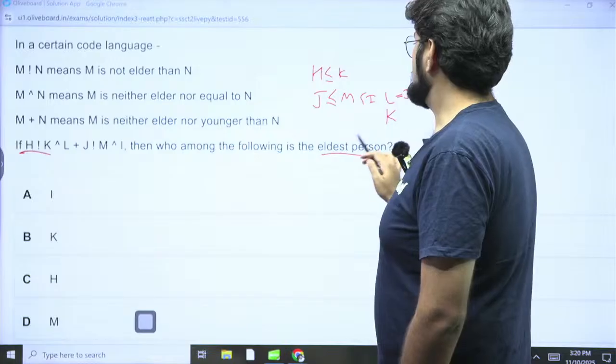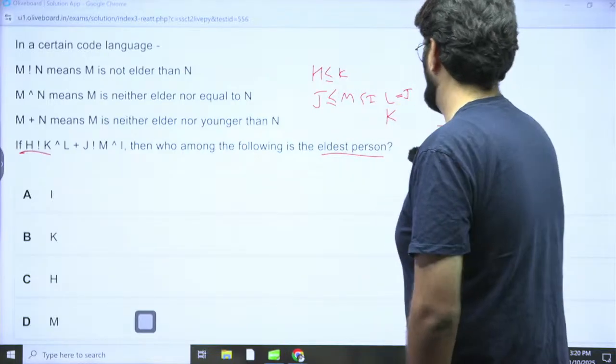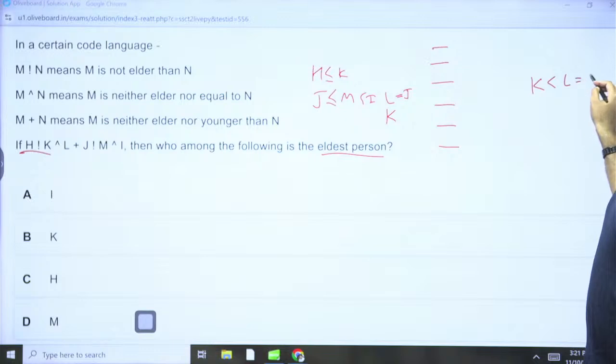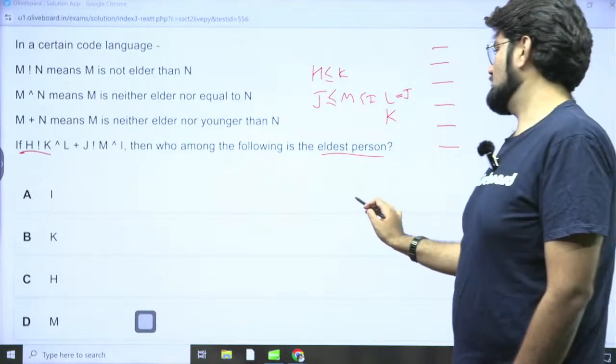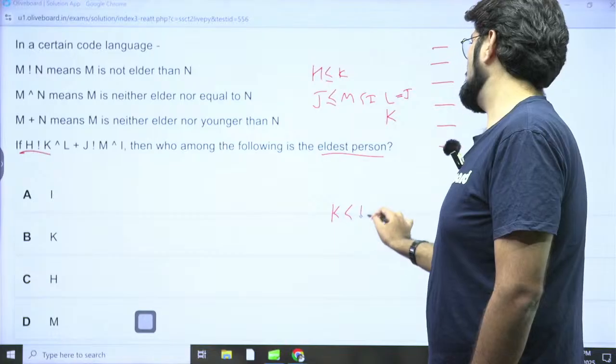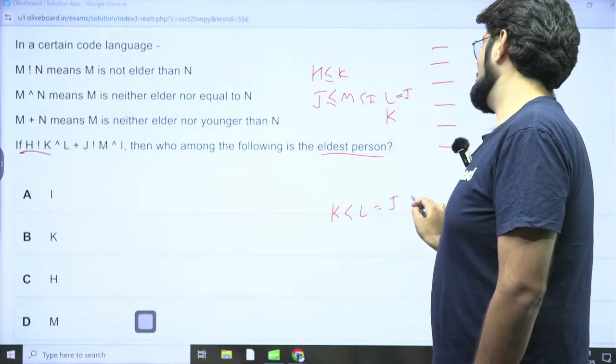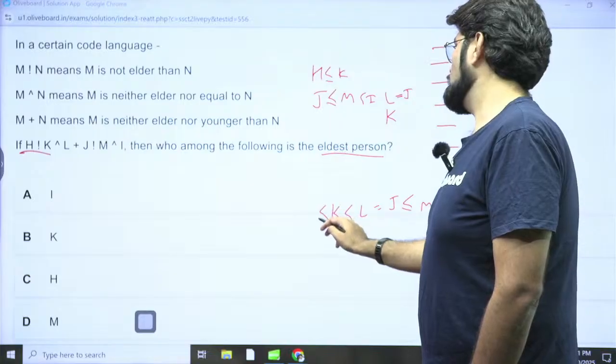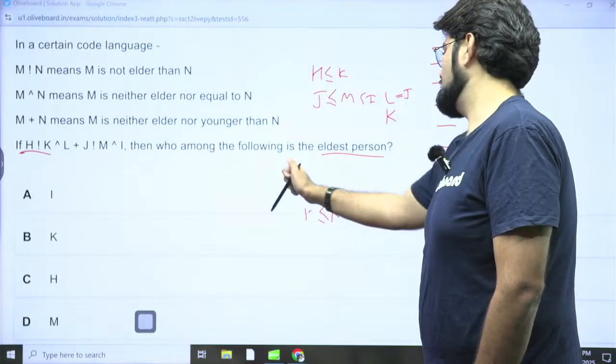They are asking us who is the eldest person. If I arrange it here, K is less than L, which is equal to J, who is less than equal to M, who is less than I, and H is less than equal to K. This is the complete thing which is there with us, right?